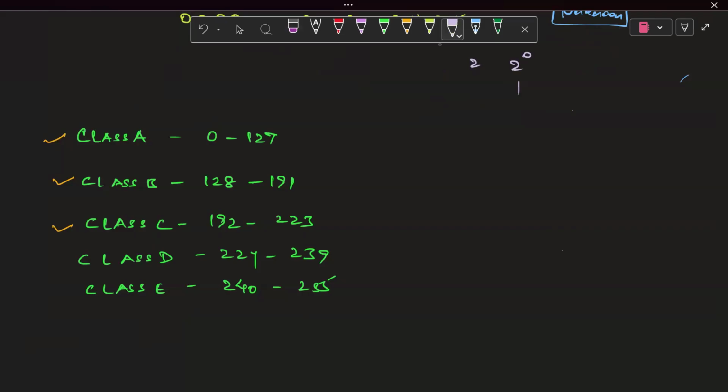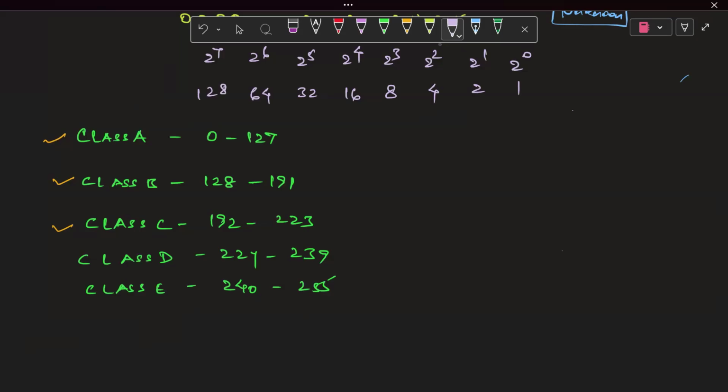Then 2 power 1 is 2. 2 power 2 is 4. And 2 power 3 is 8. 2 power 4 is 16. 2 power 5 is 32. 2 power 6 is 64. And 2 power 7 is 128.